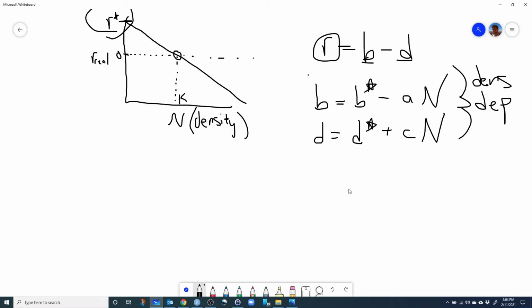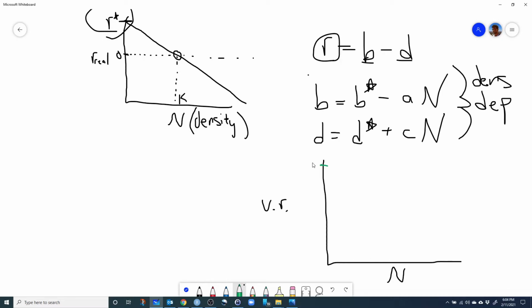Let's actually look at those equations graphically. So we'll stay with density here, and now I'm going to change this axis to vital rate, or VR, because we're considering both births and deaths. All right, so I'll draw the birth rate in green.